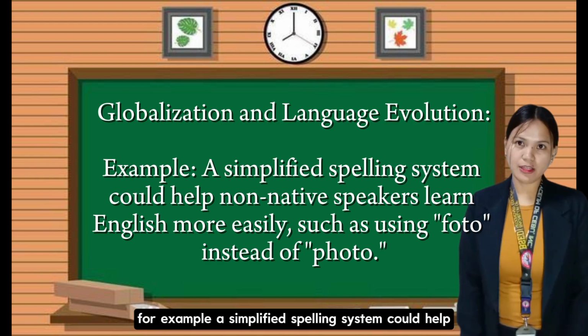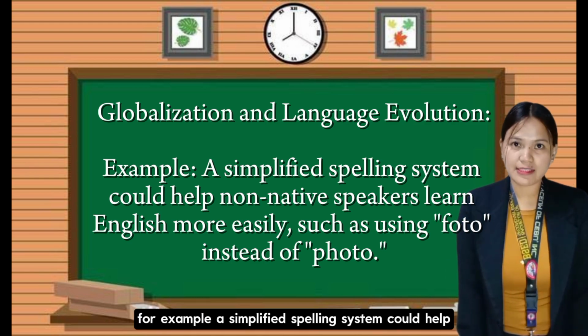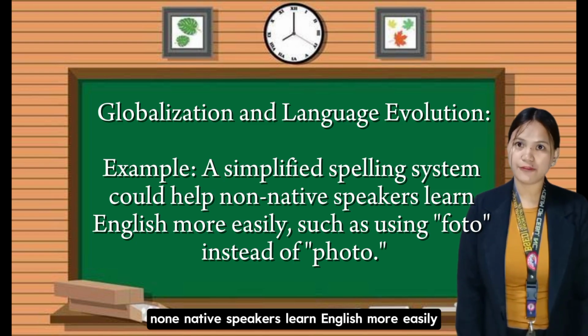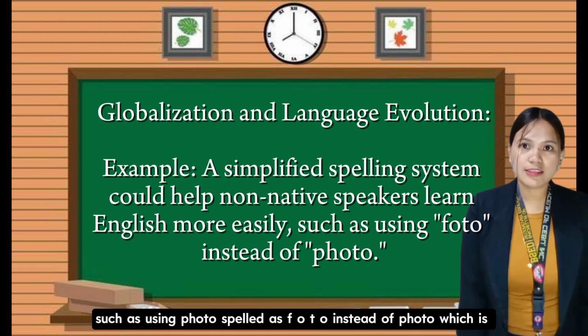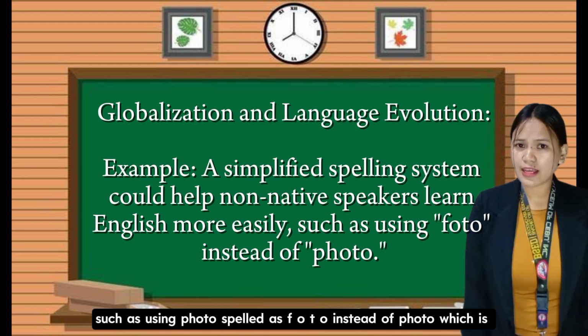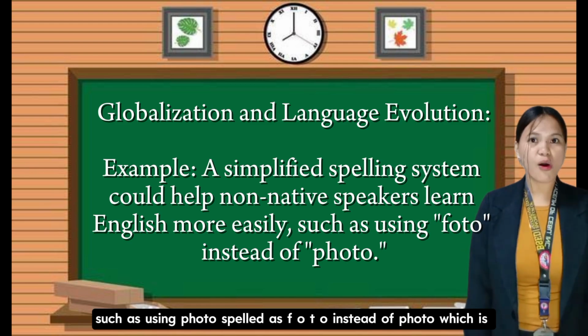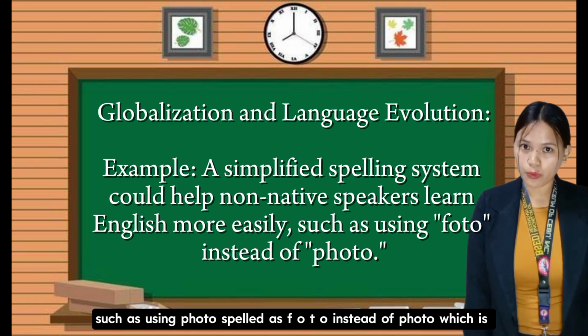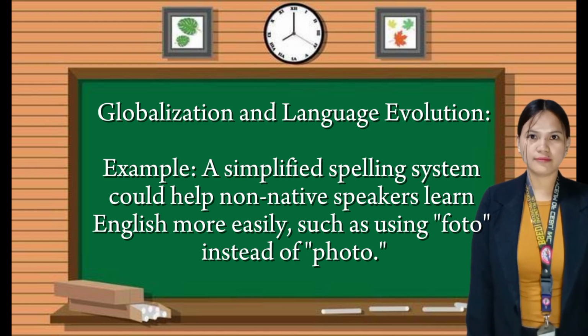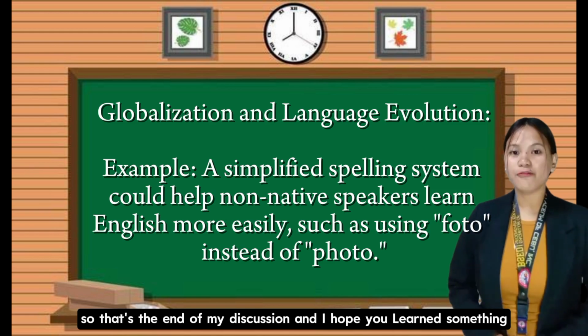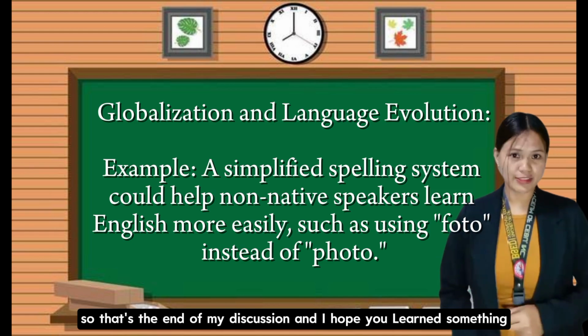For example, a simplified spelling system could help non-native speakers learn English more easily, such as using photo spelled as F-O-T-O instead of photo, which is P-H-O-T-O. So that's the end of my discussion, and I hope you learned something.